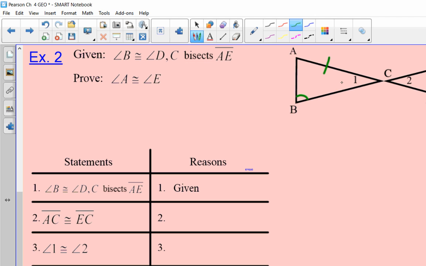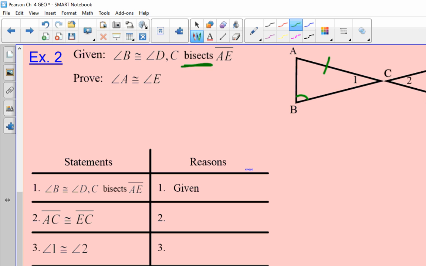So bisect is a word that we learned back, I believe, in chapter 1, pretty early on too. And it shows up a lot more now as we move forward. So bisect cuts into equal halves, show it. Okay. So that's what is given, but I showed it. Why is AC equal to EC? Even though I showed it, I got to give a reason.